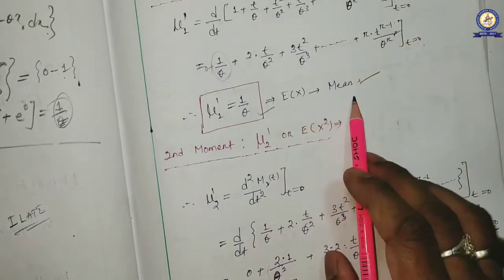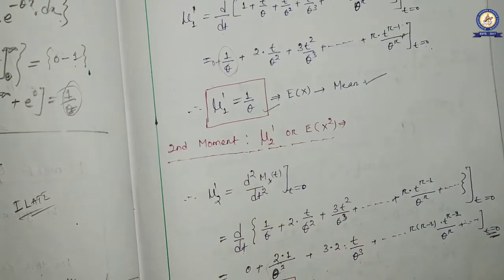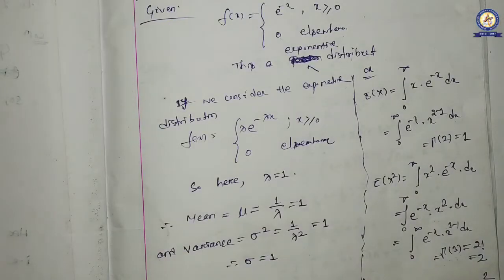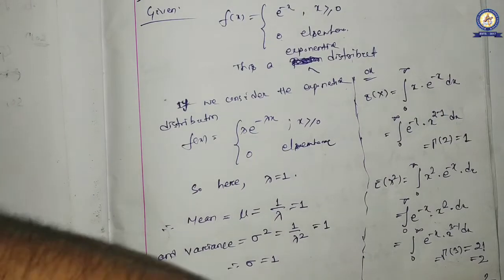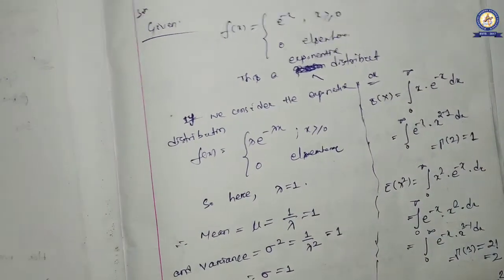For this case, the expectation of x, or mean, is 1 by theta, and variance is 1 by theta square. You can check about this distribution, which I uploaded in detail previously.